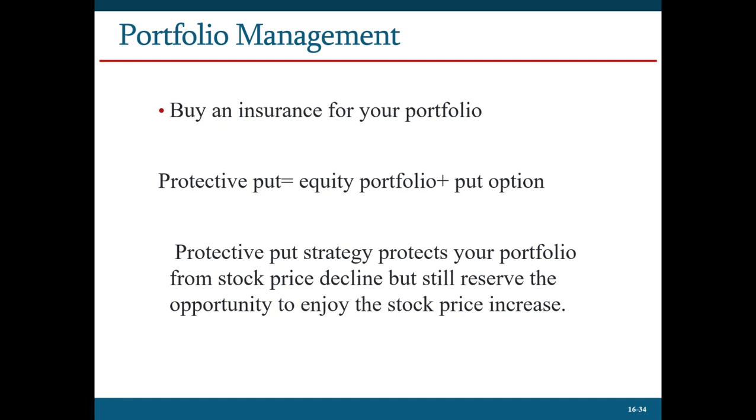If you sell your stocks and the stock price declines, you can avoid losses. But what if the stock price increases? In that case, you will miss potential gains. So the idea here is you hold your portfolio to enjoy future potential gain, but you just want to buy insurance for your portfolio in case the stock market declines. And here, the insurance is a put option.